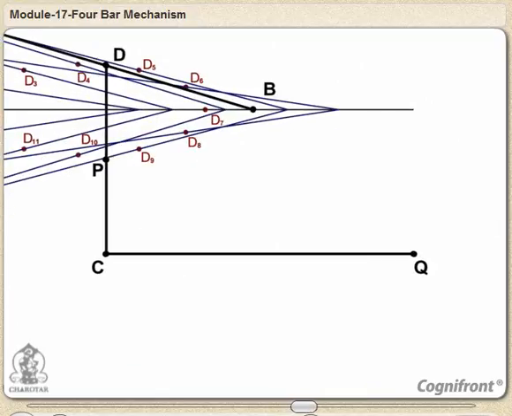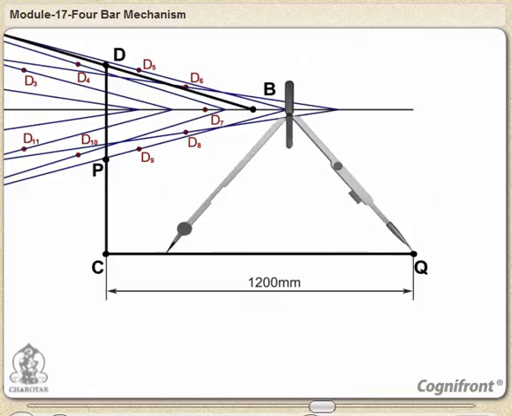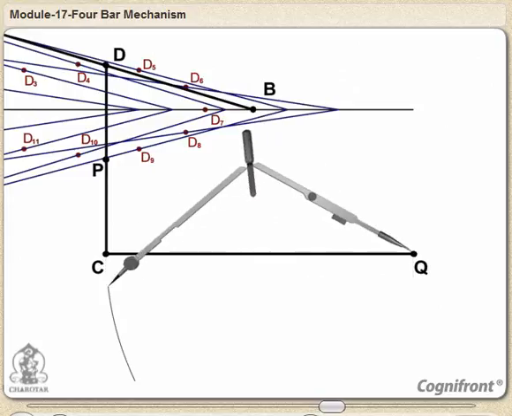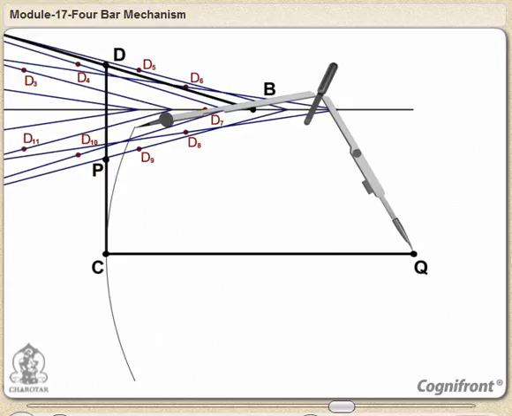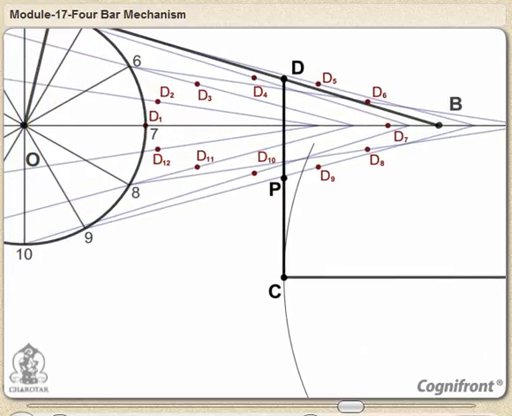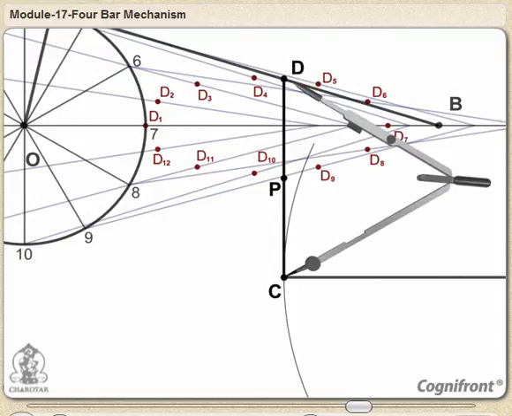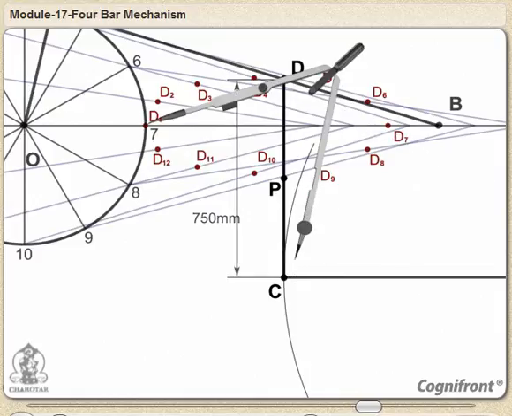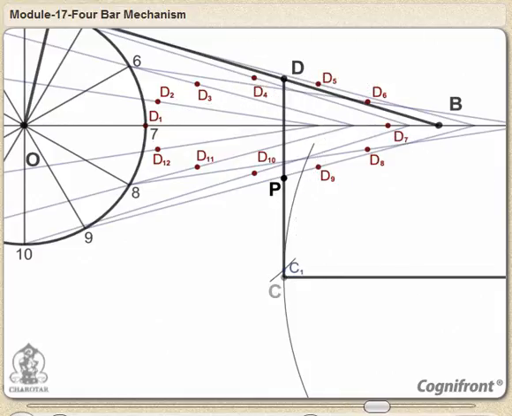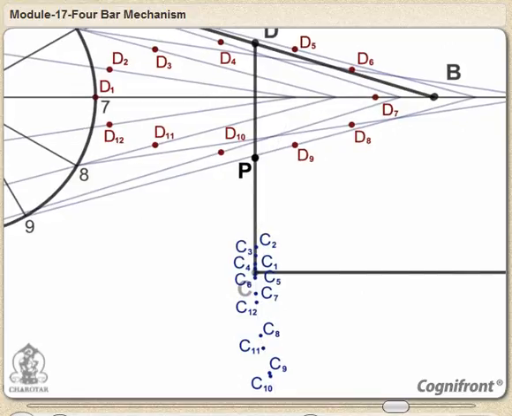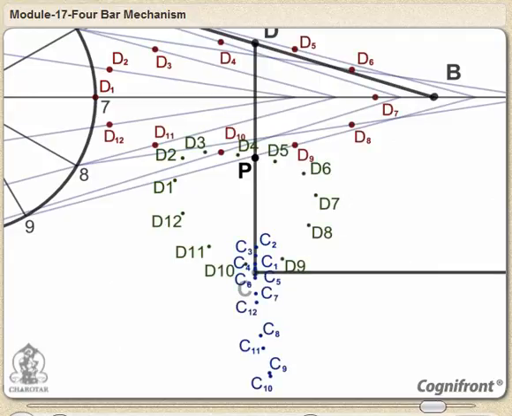To determine the path of point C, draw an arc with radius CQ and taking center as Q. Now, with centers D1, D2, etc. and radius CD, draw arcs cutting the above path of C at points C1, C2, etc. Next, locate the midpoints of lines D1C1, D2C2, etc. and call them P1, P2, etc. The required locus of the midpoint P is obtained by drawing a curve through these midpoints.